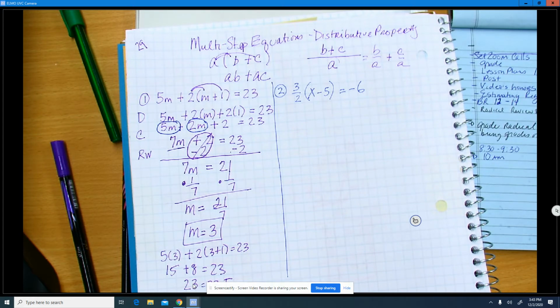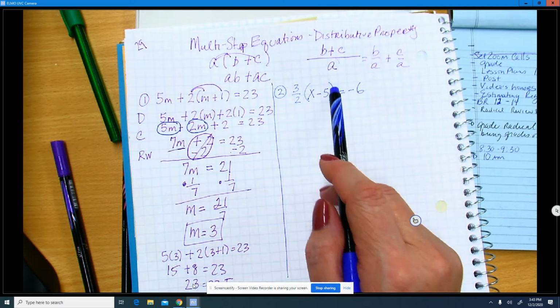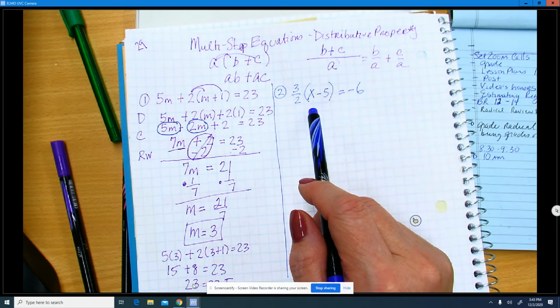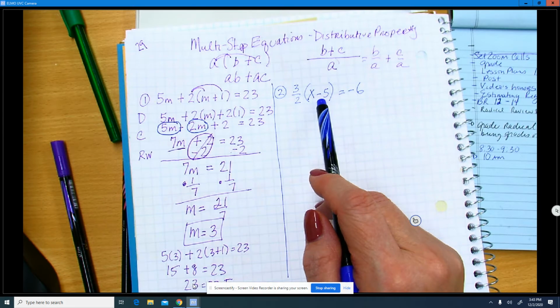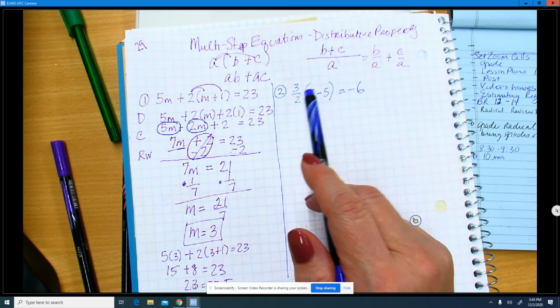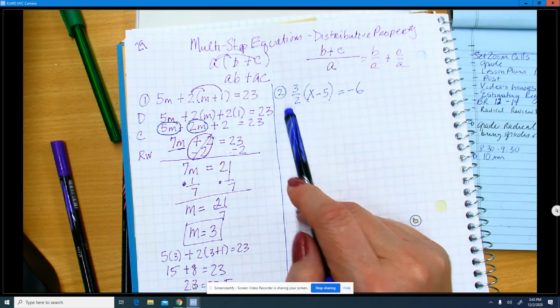And one of the things we needed to be able to recognize is that terms are only separated by addition and subtraction. So when I look overall at this equation, it may seem like I have more than one term here, but I really don't. While I have two terms inside the parentheses, because this entire parenthesis is multiplied by 3/2, this is really like one gigantic term.